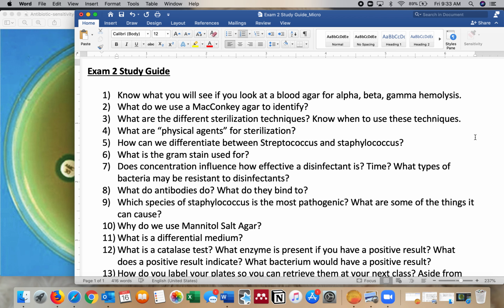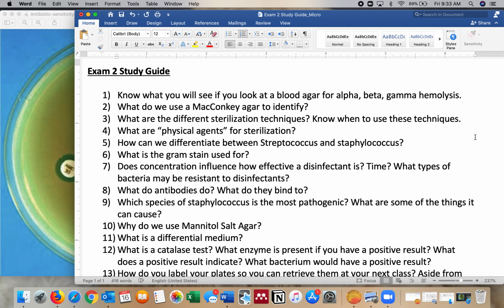Examples of this would be autoclave or radioactive ionization or disinfectants. You could say flaming your loop would be an example of sterilizing techniques. So know when to use these techniques.